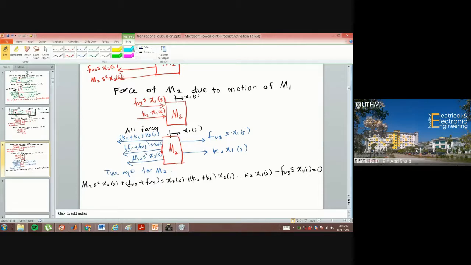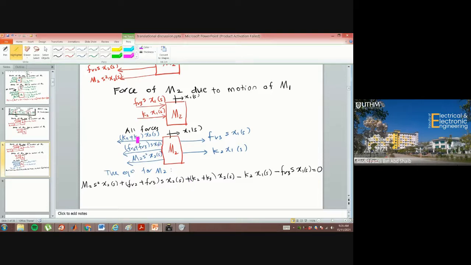We have M2 times S square X2S, and then FV2. This one I missed something here. This is FV2 plus FV3 times S X2S.